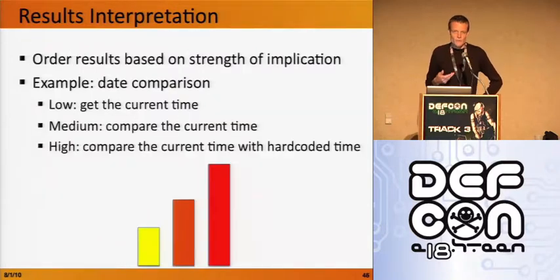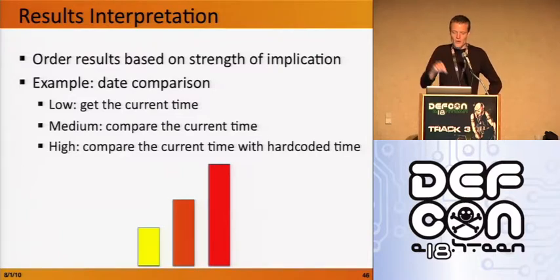So in the end, what we can really do with these results is associate a strength or a priority with them, just like we would other vulnerabilities that we detected in an automated fashion. So some problems, like accessing the current time, might only give us a low-fidelity feed that it's an insider threat. There might be lots of reasons you access the current time.